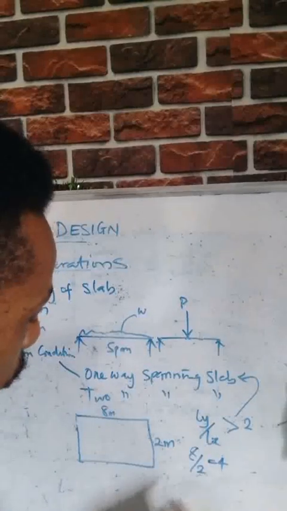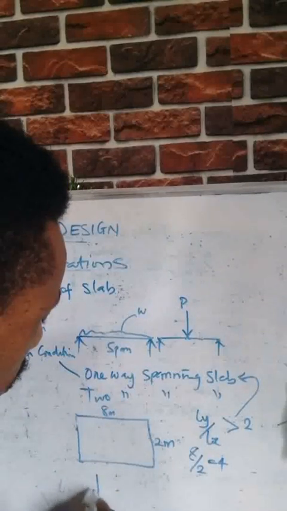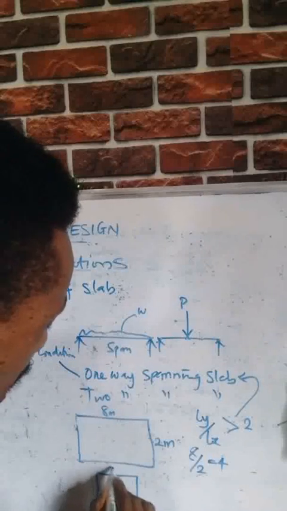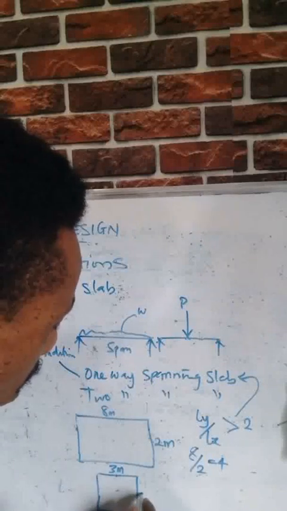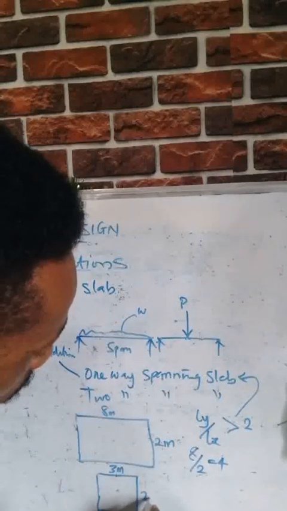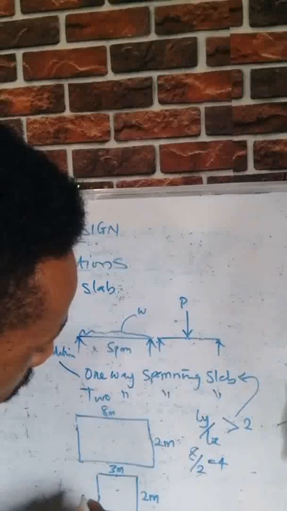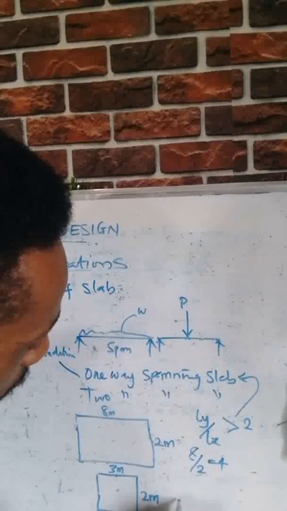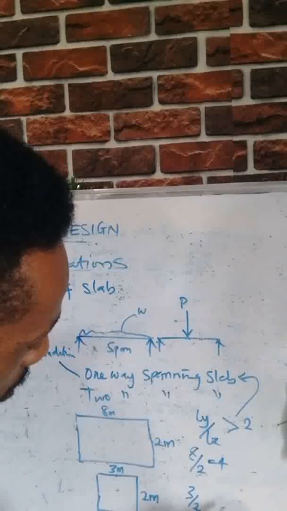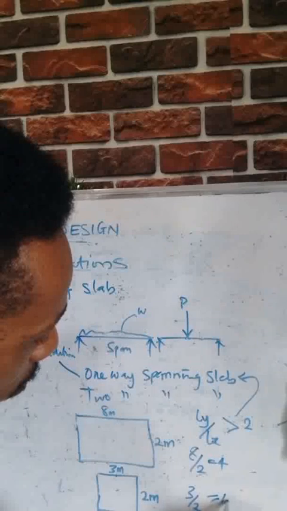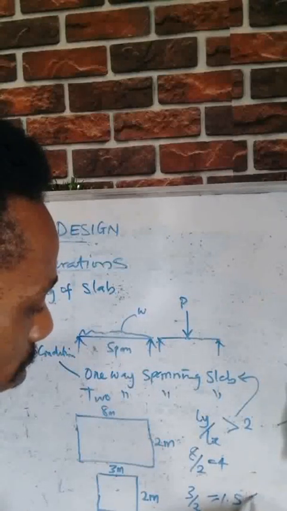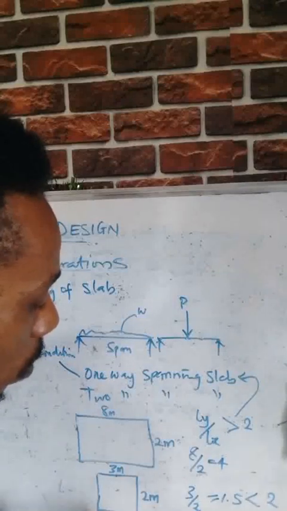But if peradventure you have something like this, where you have 3 meters and 2 meters, automatically the ratio will be 1.5. Now you see that this 1.5 is less than 2.